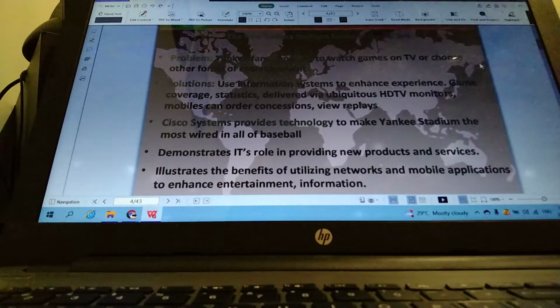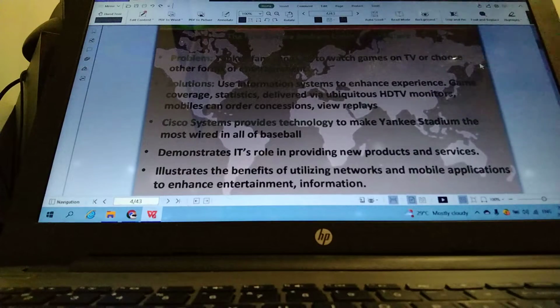As we are aware, today we have many options, many platforms, various ways of watching games, for example football games. Not necessarily TV or high-end TV. We can always watch it through smartphone, tablet, PC and so on. So this was one of the problems for those who own this stadium.